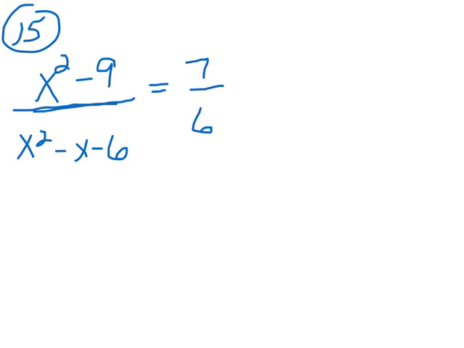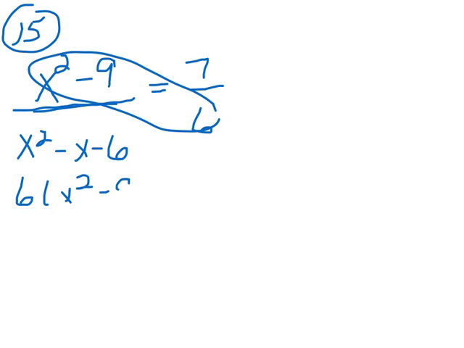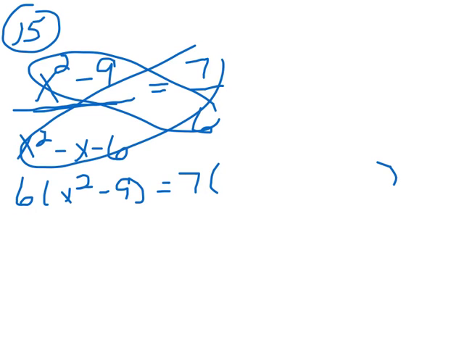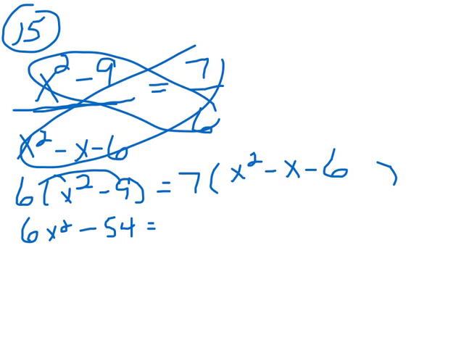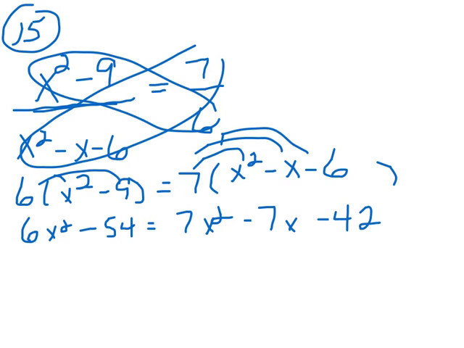So I'm going to cross multiply. 6 times x squared minus 9 is equal to 7 times all this mess here, x squared minus x minus 6. Just because it looks bad, guys, don't be afraid of it. Just multiply it all out and see what happens. You get 6x squared minus 54 on the left side. You get 7x squared minus 7x minus 42 on the right side.